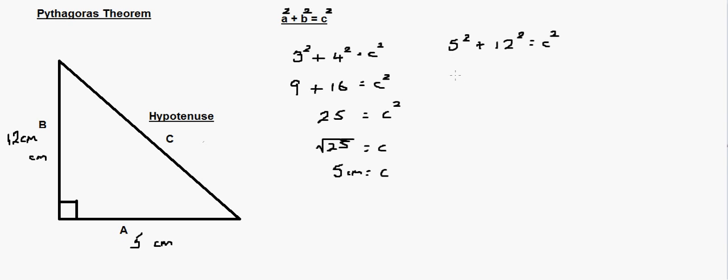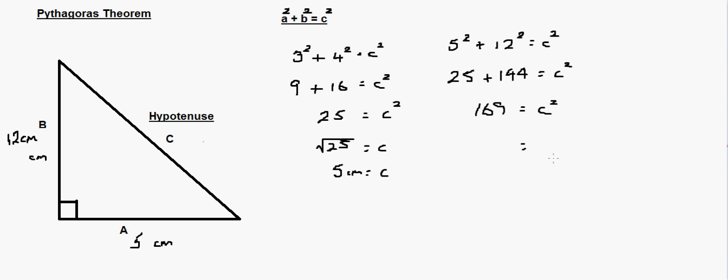Now 5 squared I know is 25, plus 12 squared I know is 144, and this will equal c squared. So I add these two together, that gives me 169, so that gives me c squared.